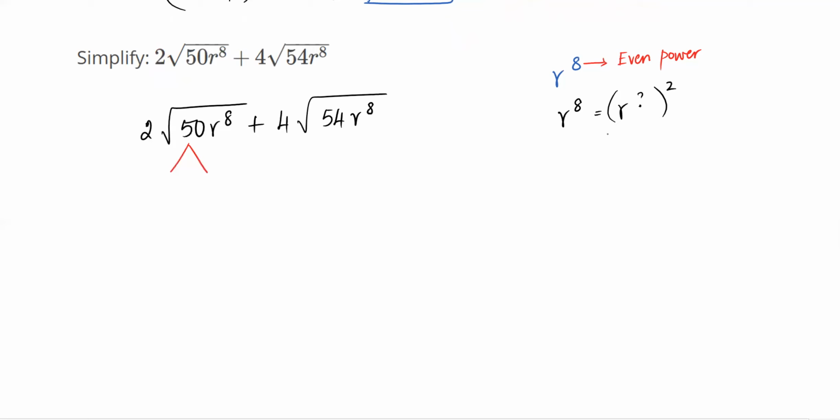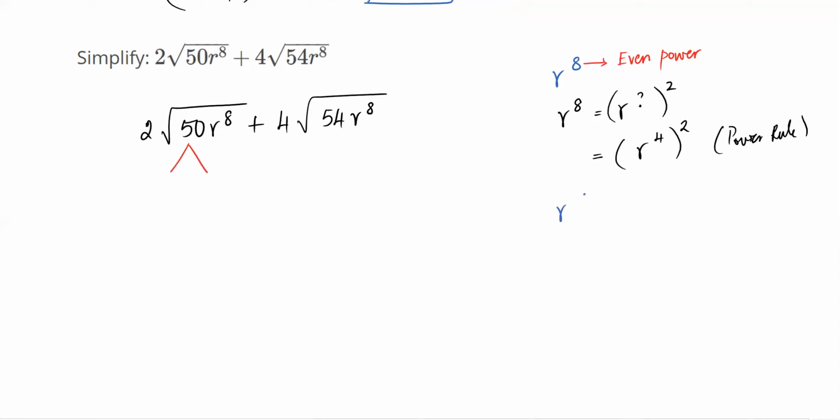So r to the power what will give me a square? So r to the power 4 times 2 will give me 8 because 4 times 2 is 8. It's again using the power rule of exponents. And with that ease, you can rewrite any even power as something squared. Okay. Now for this problem, that takes care of it.